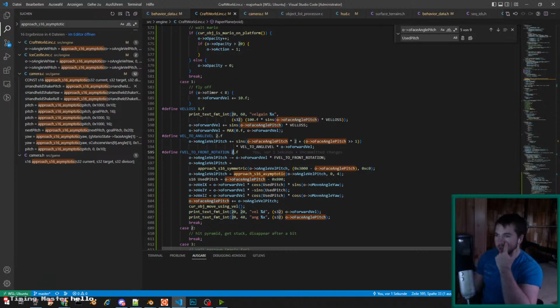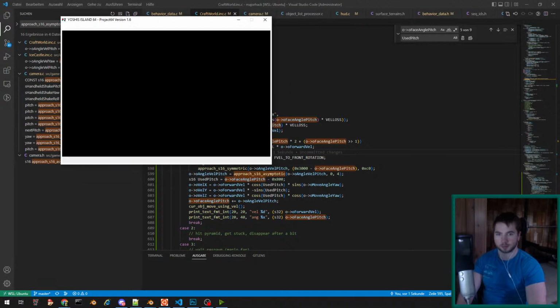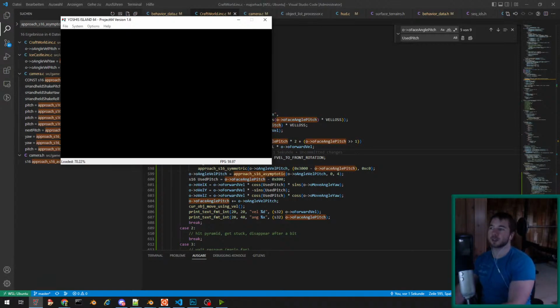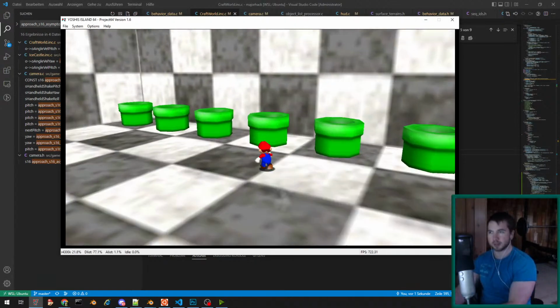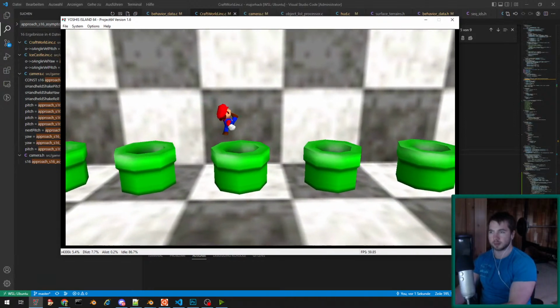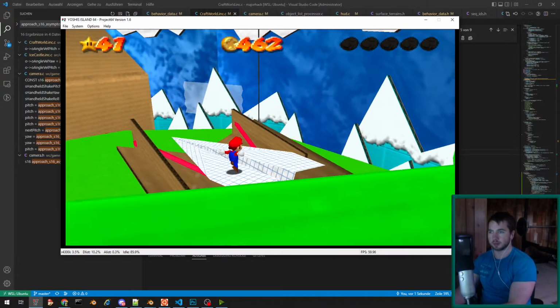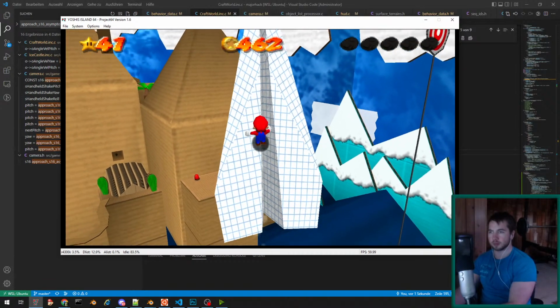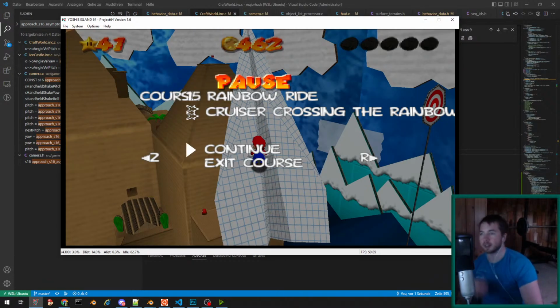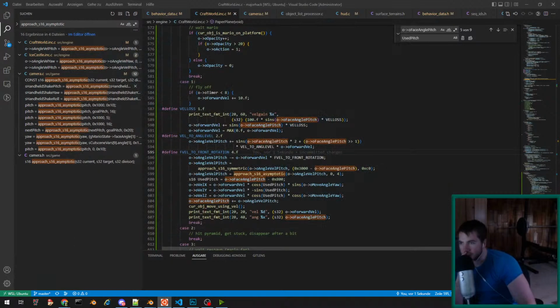So, subtracting from angle well pitch makes it go that way? That should make it go up, right? It probably went so crazy because I changed the initial speed. Yeah, if you look at that at the beginning, it goes down a lot, but then later it doesn't anymore.